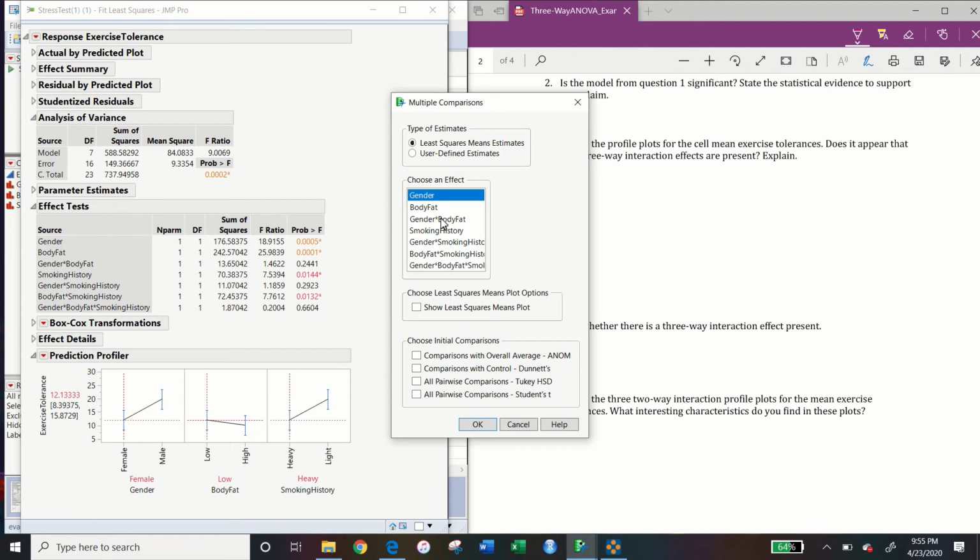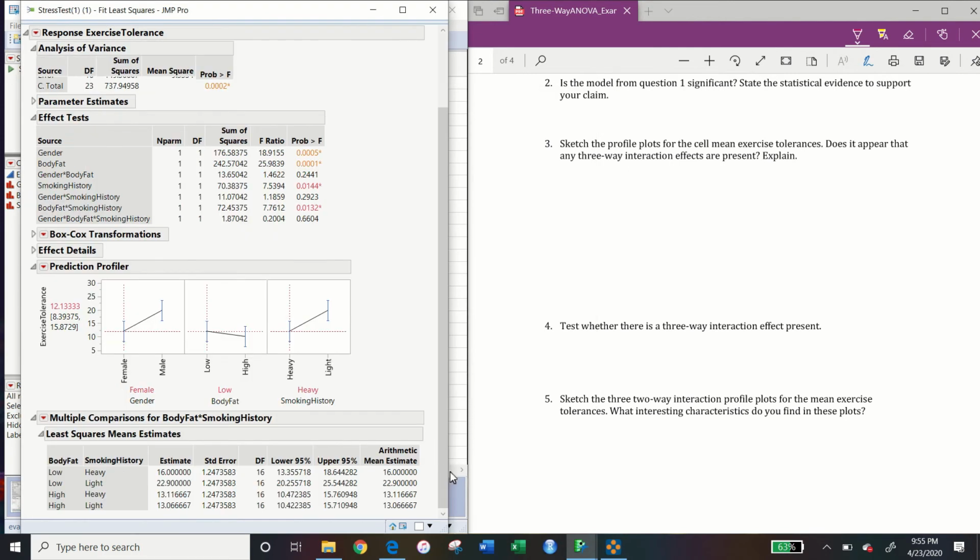If we have a significant two-way interaction, we will look at the significant pairwise comparisons. For example, if we're looking at our effects test, we can see that body fat and smoking history has a significant p-value. So we're going to want to look at that effect. I will select that effect and select OK. Looking at our multiple comparison, it gives us an estimate, a standard error, and our arithmetic mean and estimate.